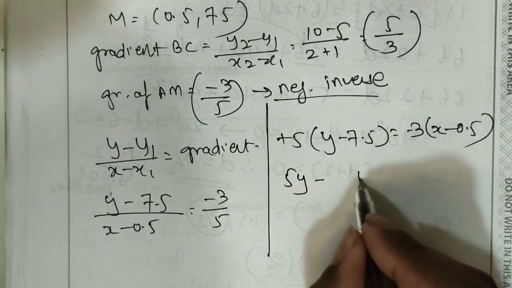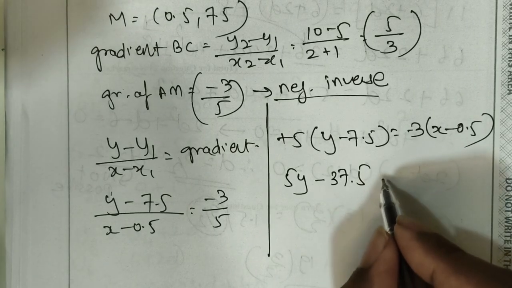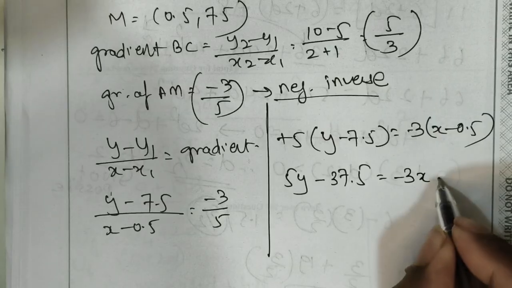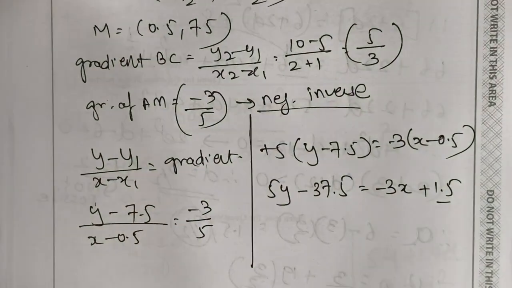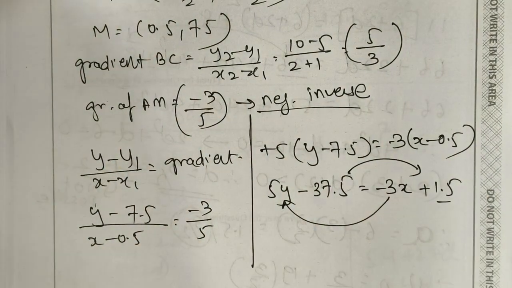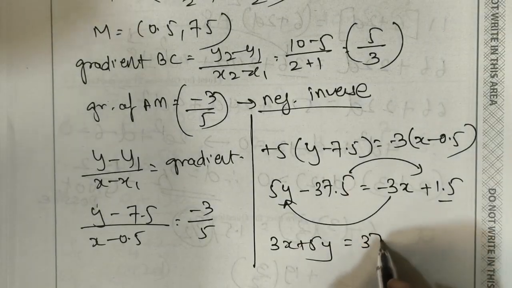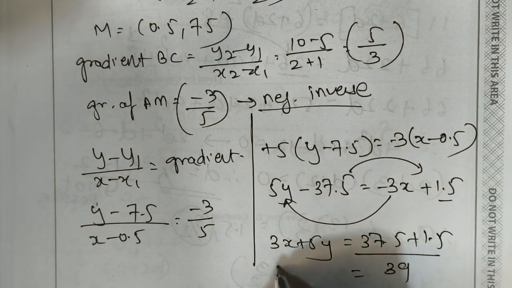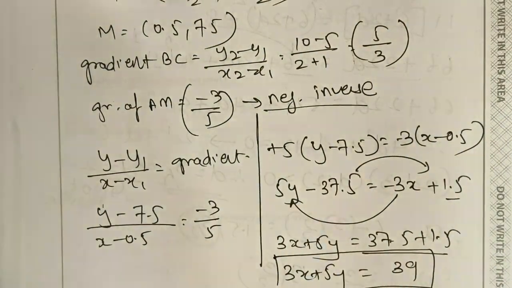Which is 5y minus 37.5 is equal to minus 3x plus 1.5. Correct? Take 3x here and 37.5 there. So I get 3x plus 5y is equal to 37.5 plus 1.5, which is 39. 3x plus 5y is 39.